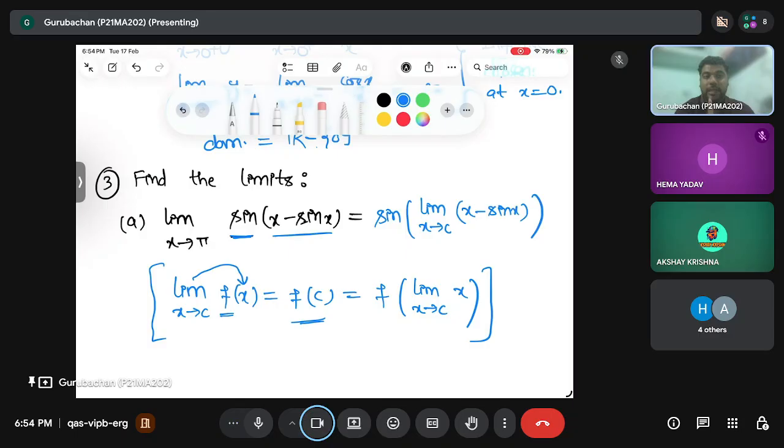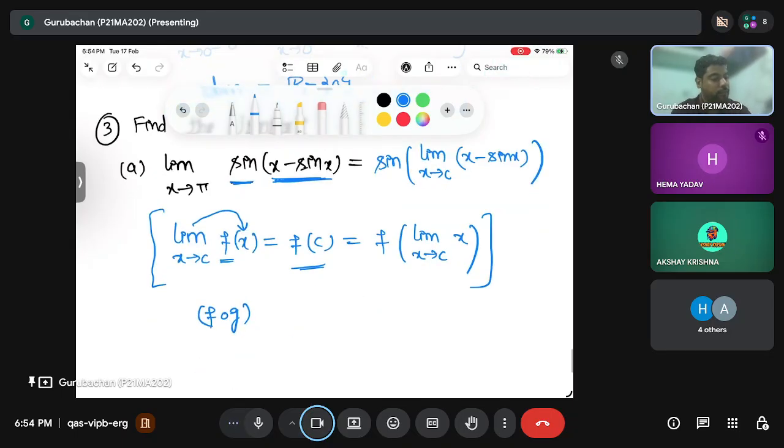But these points, or you can say the range of this function, because this is a composition of functions, f of g is well defined when the range of g must be a subset of the domain of f, because how is it defined, f of g of x.